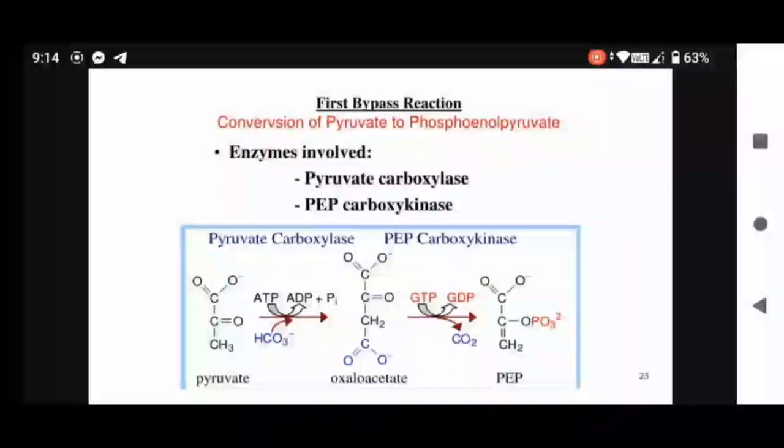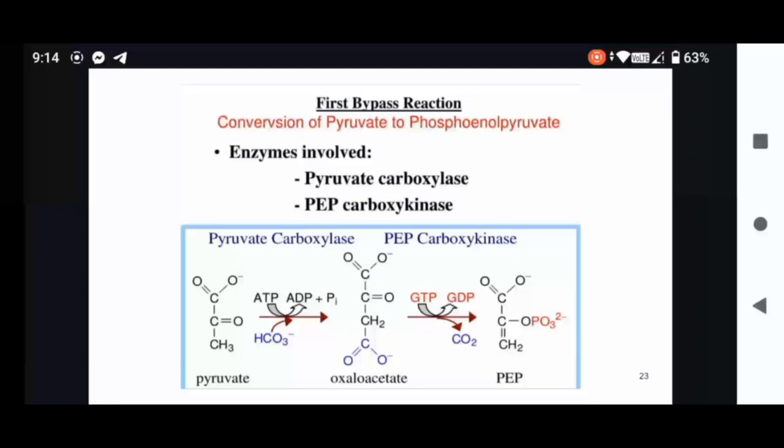The enzyme used is pyruvate carboxylase, located in the mitochondria. This two-step process is energetically costly but necessary because the reverse of glycolytic pyruvate kinase is not thermodynamically favorable.